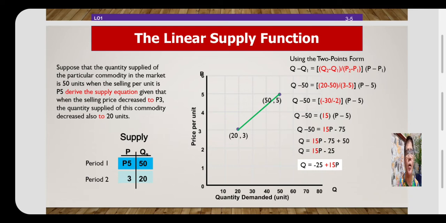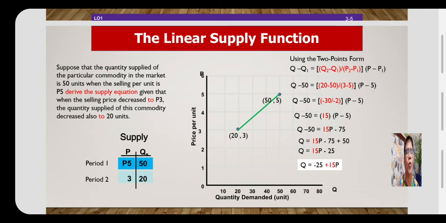So again, by simplifying, we can have this equation given as Q minus 50 is equal to quantity negative 30 divided by negative 2 quantity times P minus 5 quantity.